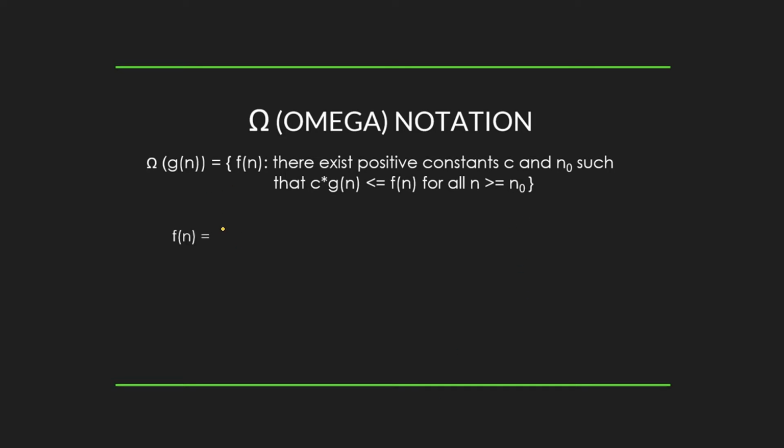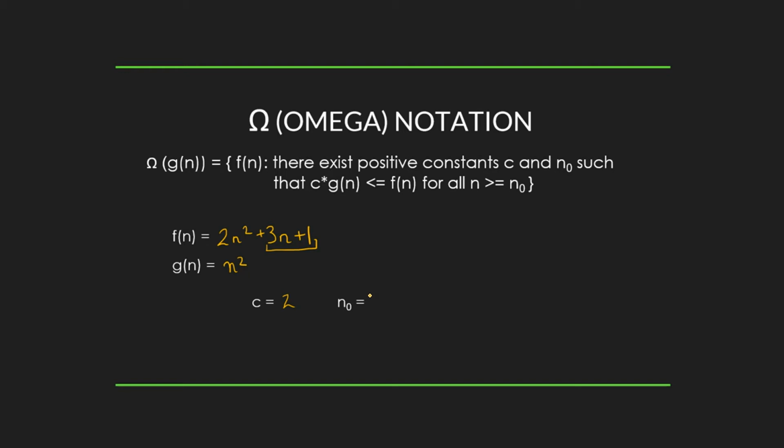So we have this function f(n) equal to 2n square plus 3n plus 1 and g(n) equal to n square. For all n greater than or equal to 0, this 3n plus 1 will be greater than or equal to 1.